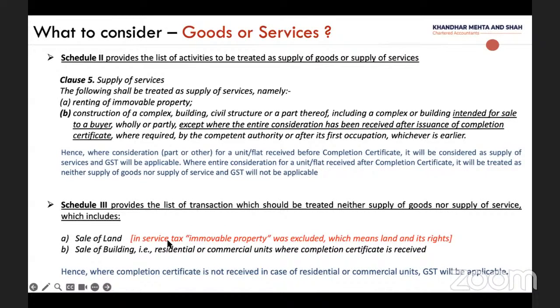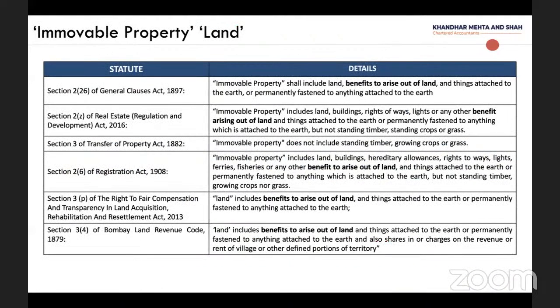So this is the major distinction between service tax and GST: there, immovable property itself was excluded. Immovable property includes land as well as benefits arising out of land. Benefits arising out of land were clearly excluded from the definition of service, and hence it was outside the service tax perspective. But in GST, it is merely land. Now, one can say that if we refer to the Land Acquisition Act, then land includes the benefit arising out of land.